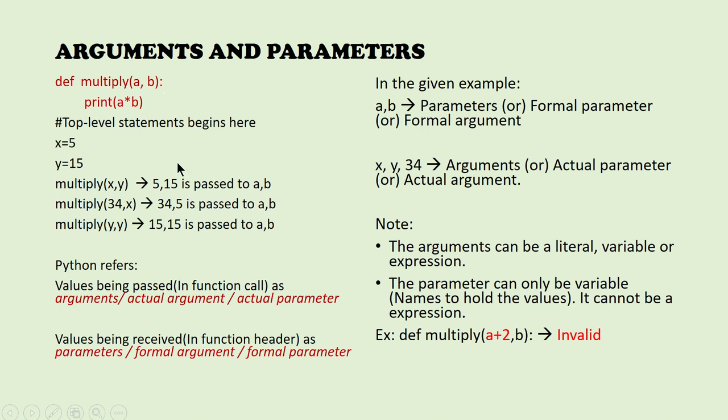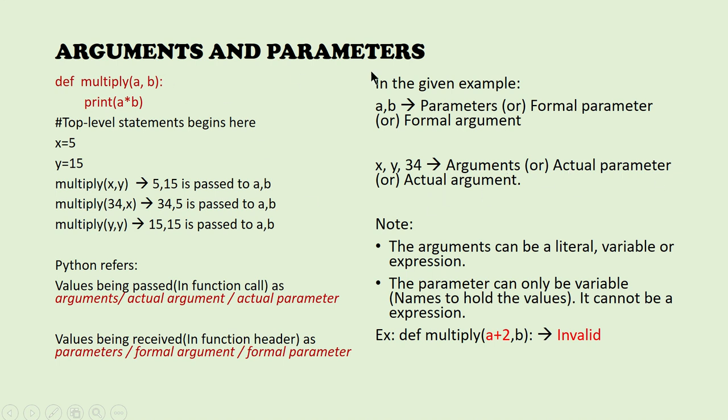In the example, a comma b are the parameters. Simply you can use the word parameters, or you can say formal parameter or formal argument. So x, y, 34, or whatever values you use in the function call statement, all these are referred to as arguments or actual parameter or actual argument.